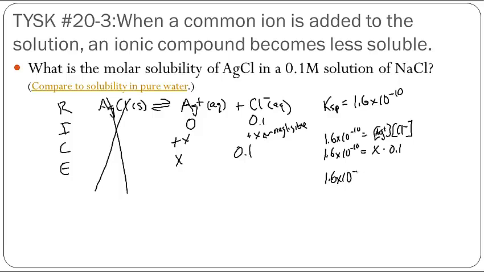And if I do my math right, divide both sides, I get 1.6 times 10 to the minus 9th is my solubility of AgCl in this solution.